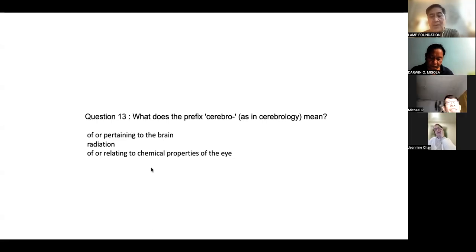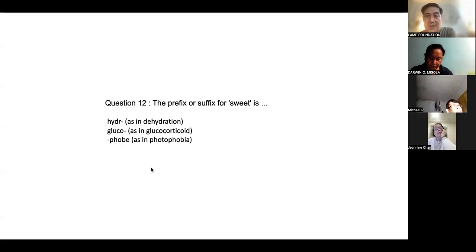Let me say a little bit about glucocorticoid. This is released by the adrenals, especially when you're under stress. That's why stress is not allowed, our sugar goes up.